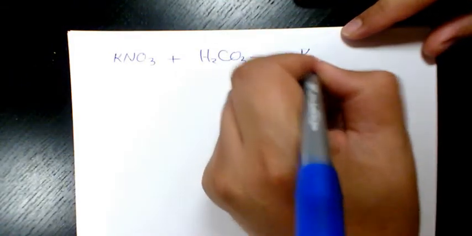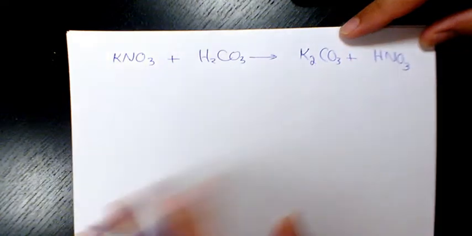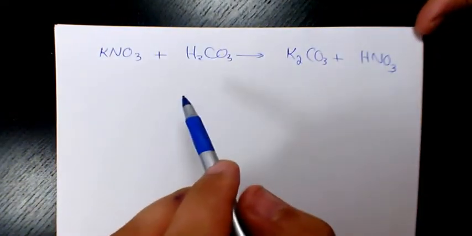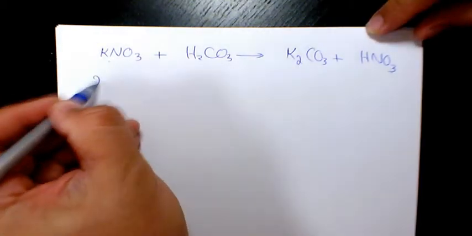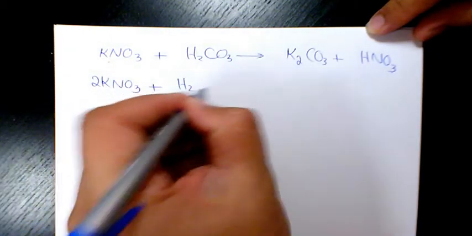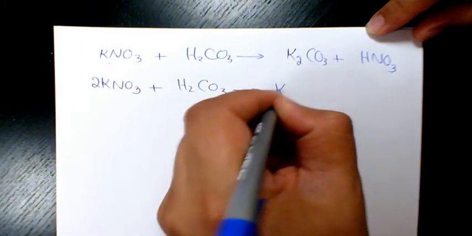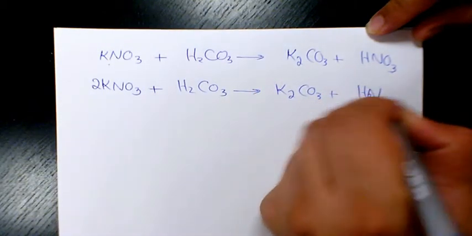Next one is KNO3 plus H2CO3 gives us K2CO3 plus HNO3. Potassium 1 and potassium 2 here, so we need to have 2KNO3 plus H2CO3 gives us K2CO3 plus HNO3.